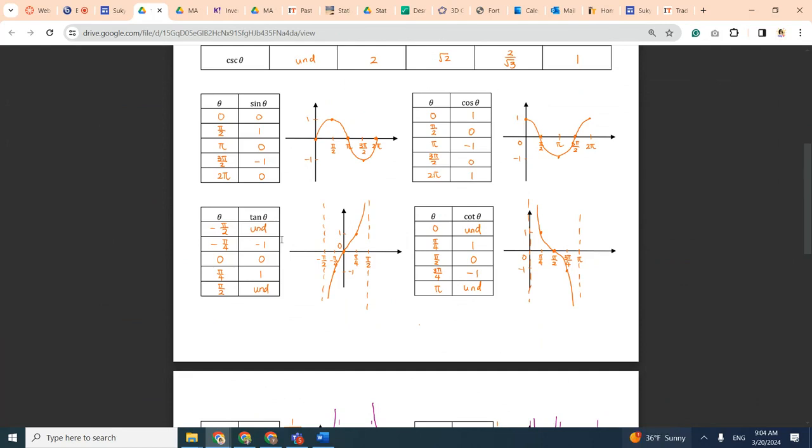Or if your x range is negative pi over 2 to 0, then you draw more of the negative side and make the pi over 2 spread bigger. So look at the x values to design your grid and how much scale you need. Then you can sketch them.